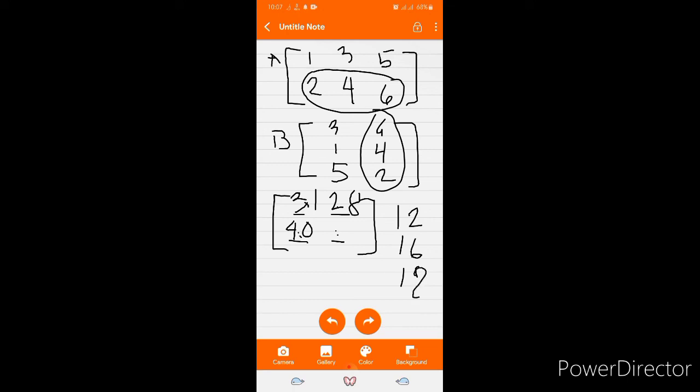So 12 plus 12 is equal to 24, plus 16 is equal to 40. So that is the result.